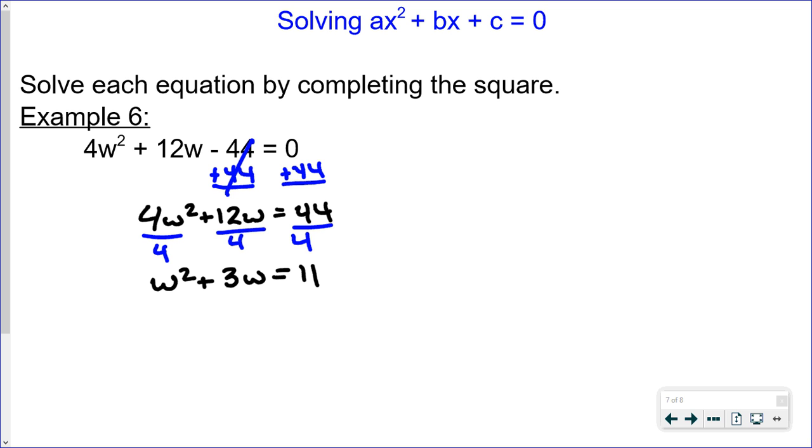So now let's find out what b over 2 is. So b over 2 to the second power would be 3 over 2 to the second power. Remember, leave this as a fraction, so I'm going to get 9/4. So I'm going to add 9/4 to both sides.